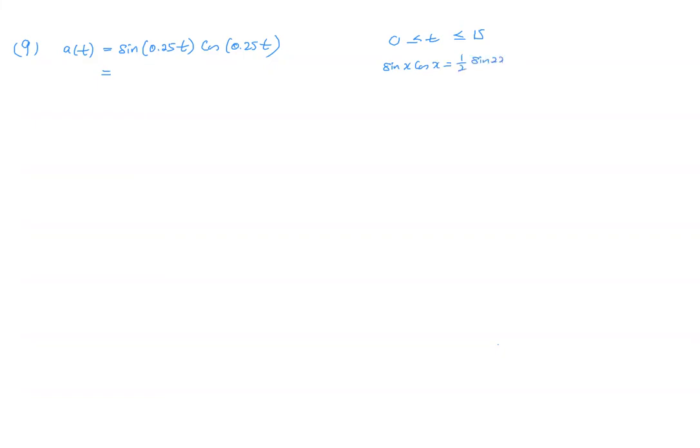Am I right? Do you all know that? So I write here half sin 2 times 0.25 t. So my acceleration, I make it simple to become 0.5 t.